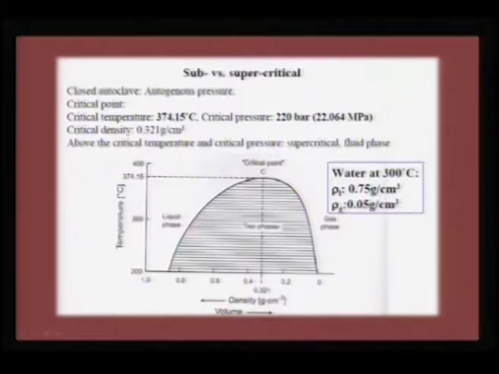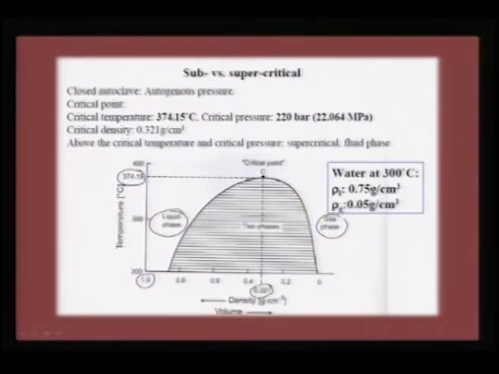As you would see, at room temperature the density of water is 1, but as we heat the water, you have a competition between the liquid phase and the gas phase, and at precisely 374.15, which is the critical temperature of water, you can achieve this critical point with a density of 0.321.